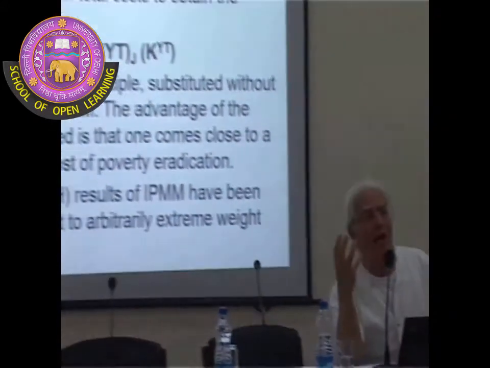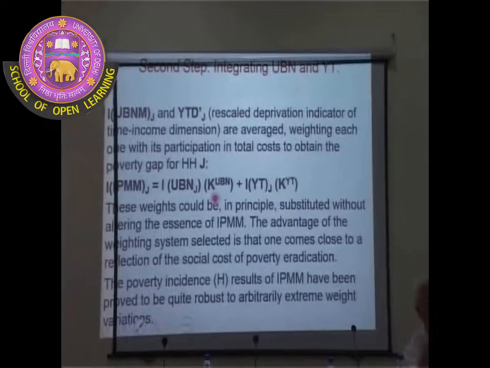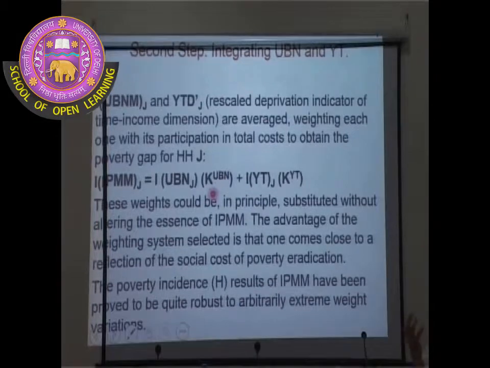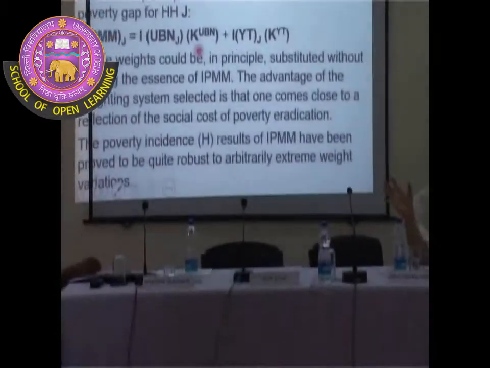Each one gets a weight. These Ks are weights. What I prefer to use as weights is the social costs of satisfaction of the needs included in one and the other package. You can change weights. It's not an essential element in the methodology. I have also tested the robustness of this method by using absurd weights for my results, and the range of variation of results is very small.